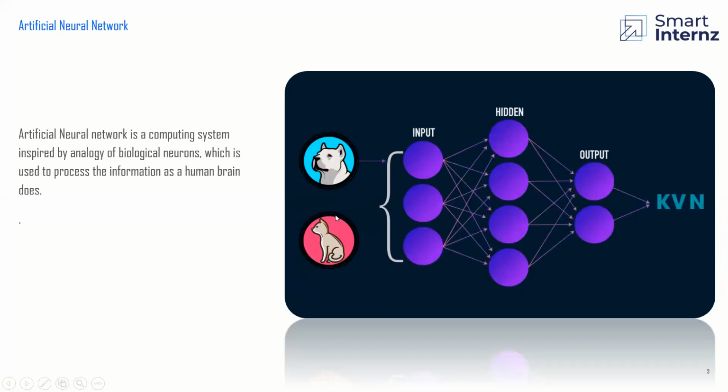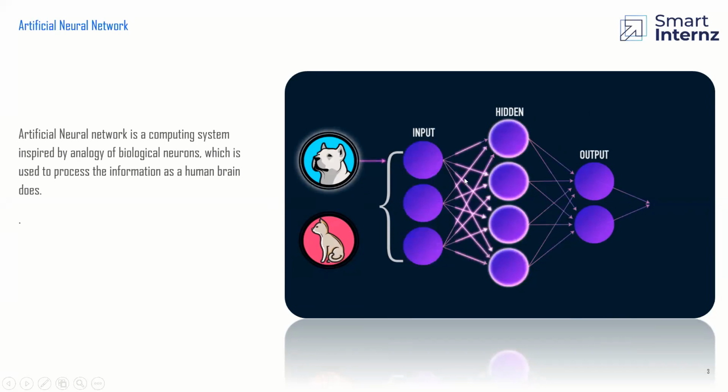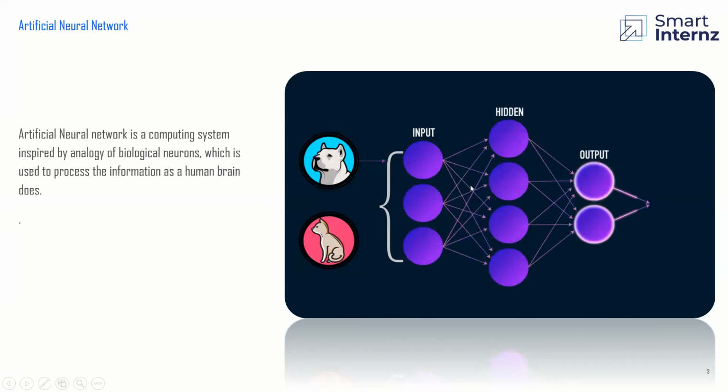If I give the input as a dog, it goes first as input with its respective weights. It goes through the hidden layer, and after the hidden layer there will be an activation function. With the help of that, we get the resultant output after applying the activation function.